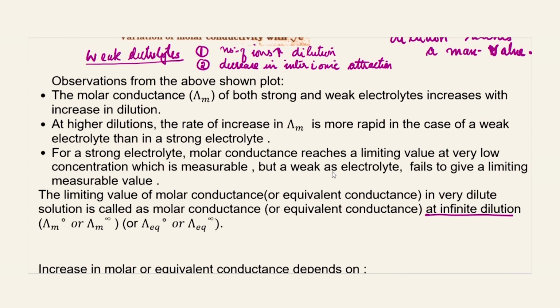So, when dilution takes place for an electrolyte, the specific conductance, that is conductance per cc, decreases, while in the case of molar or equivalent conductance on dilution it keeps on increasing and reaches a maximum value, that is known as a limiting value, or it is known as at infinite dilution.